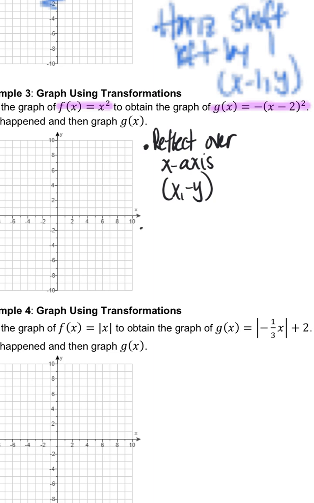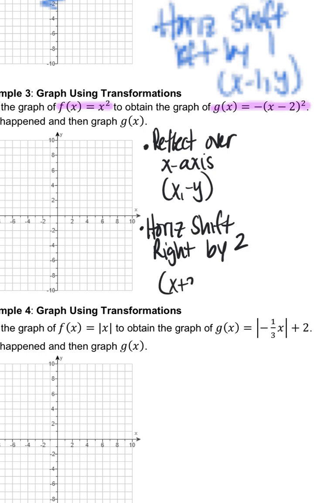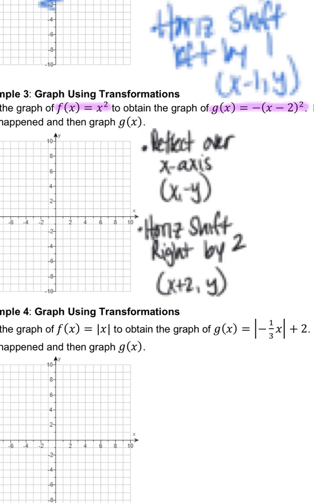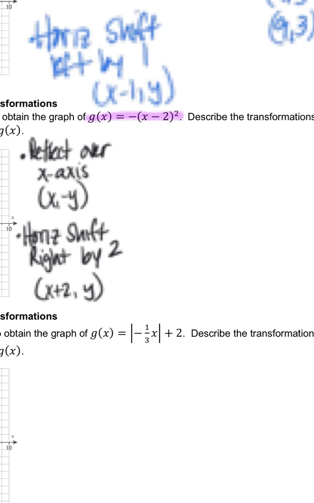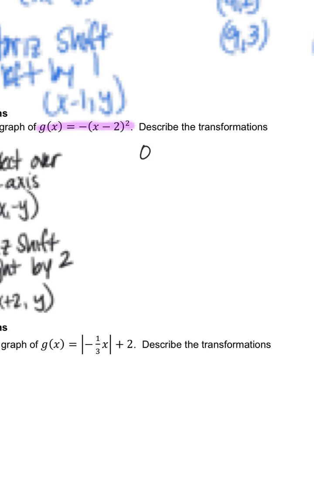And then we have the horizontal shift. Since it's negative there, it's going to be right by 2. And this rule is going to be x plus 2, y. So if we combine our two rules together, starting with our original x, y, our new rule is going to be x plus 2, negative y.